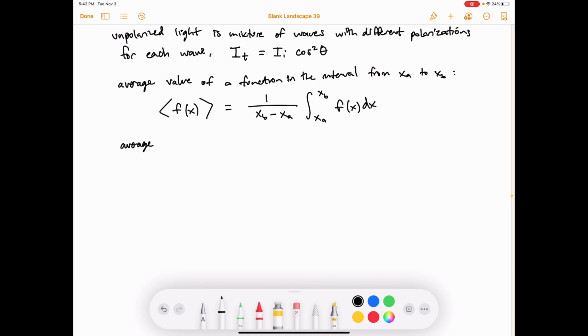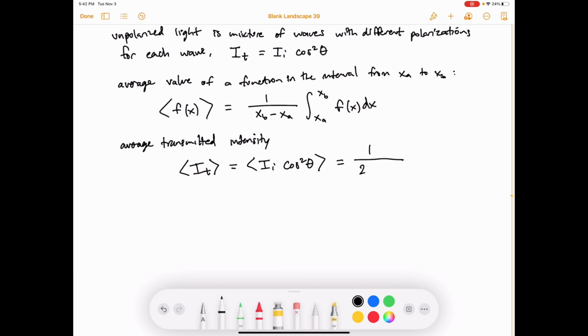So let's apply that to the transmitted intensity. The average transmitted intensity of all of these different waves is, using the same notation, the brackets around I_T, which would be the same as the brackets around I_I times cosine squared theta. According to how we calculate average values, this would be 1 over... Now, what's the range of theta values that I could have?